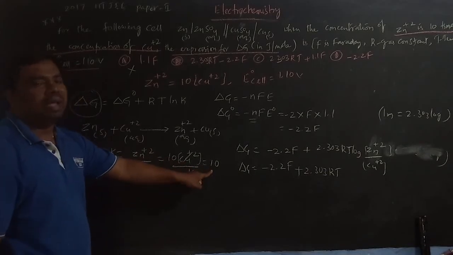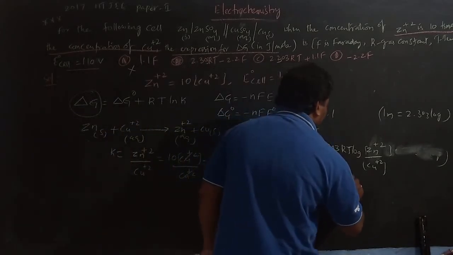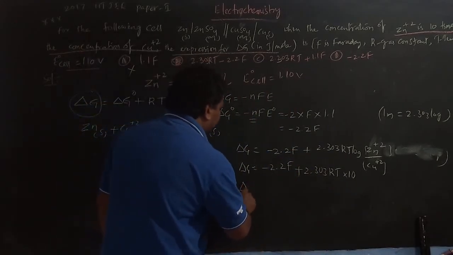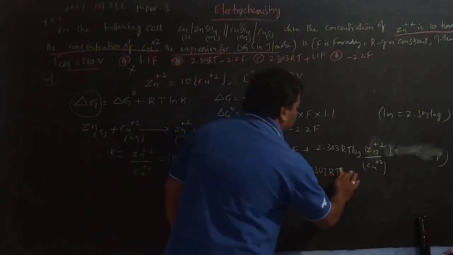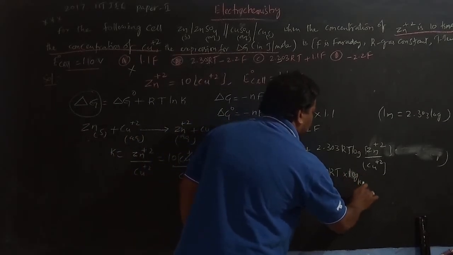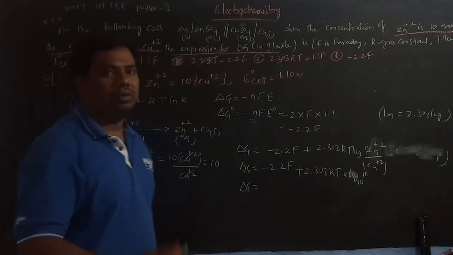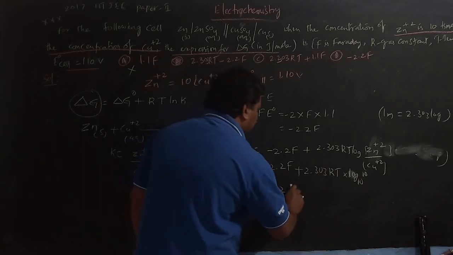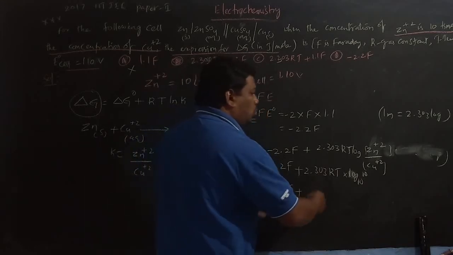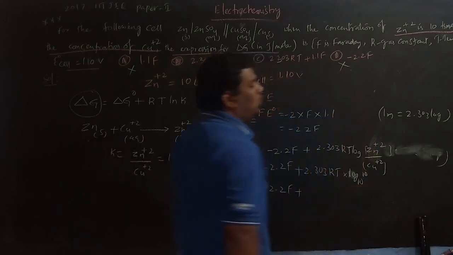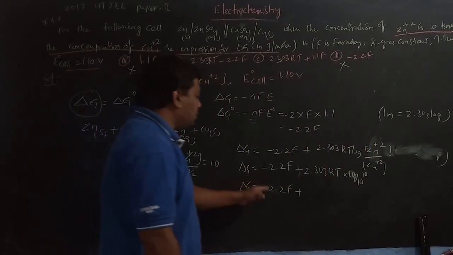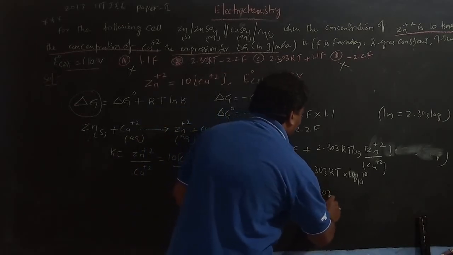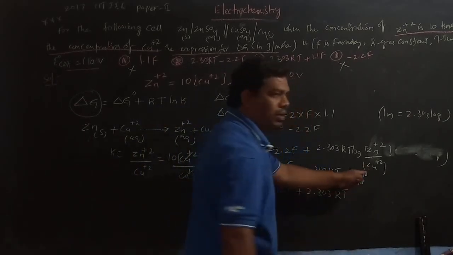We substitute the value, which is 10, so log 10 to the base 10, and that value is equal to 1. Therefore minus 2.2 into F plus 2.303 into RT, with the log value equal to 1.